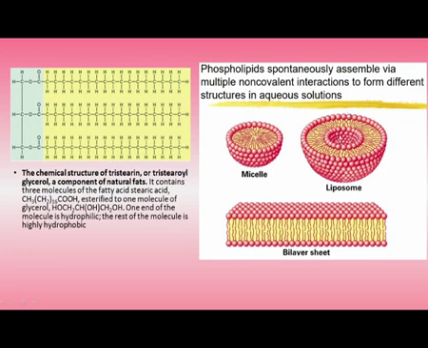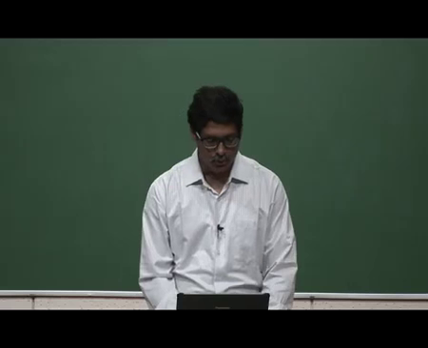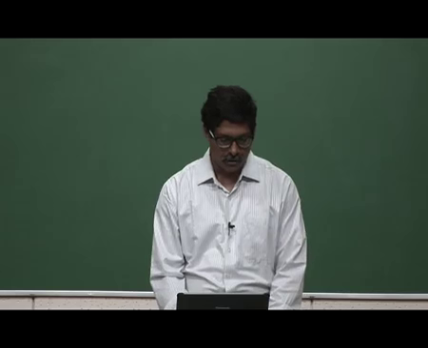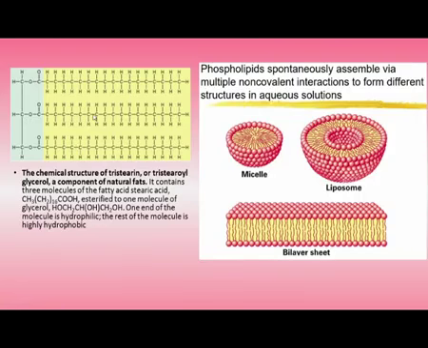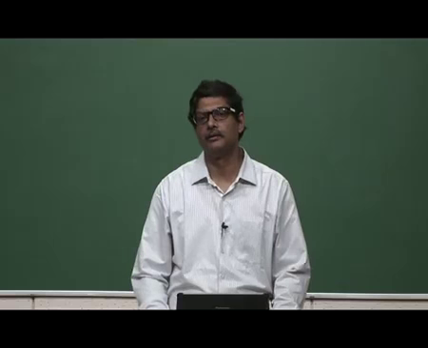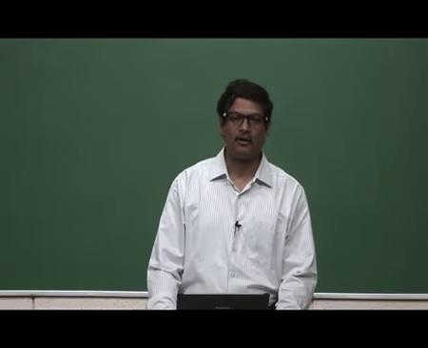So, these components are always there. As soon as you add water to these amphipathic molecules, where you have both hydrophilic and hydrophobic components, these are called amphipathic molecules. You remember what an amphibian is, the frog which can live in water as well as on the surface.